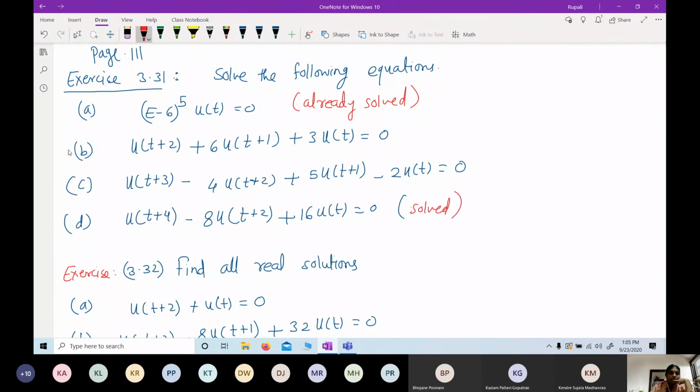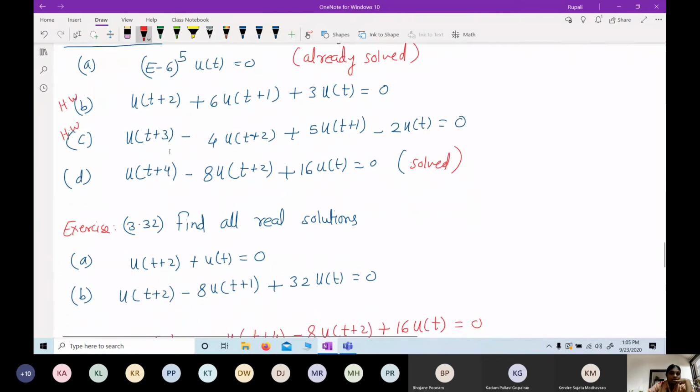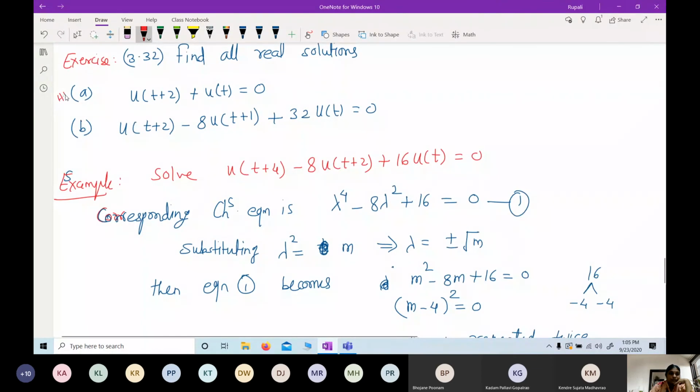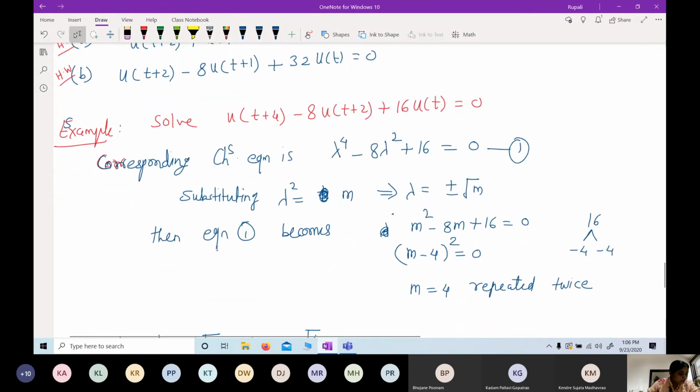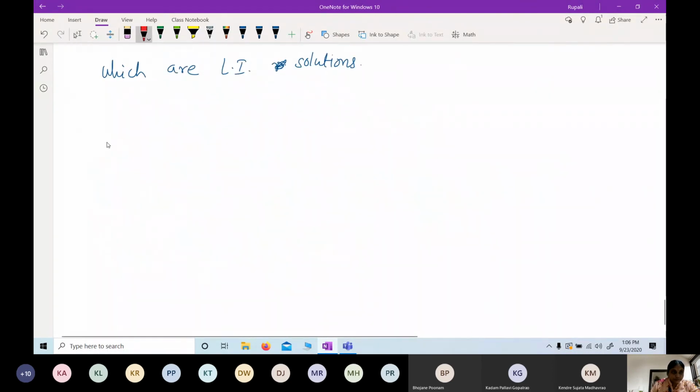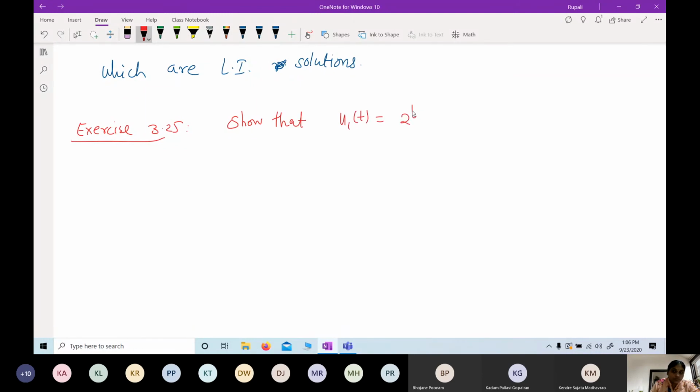So now, homework. This is today's homework. Again, exercise 3.25 you can take. Show that linearly independent solutions u1(t) is equal to 2 raised to t.